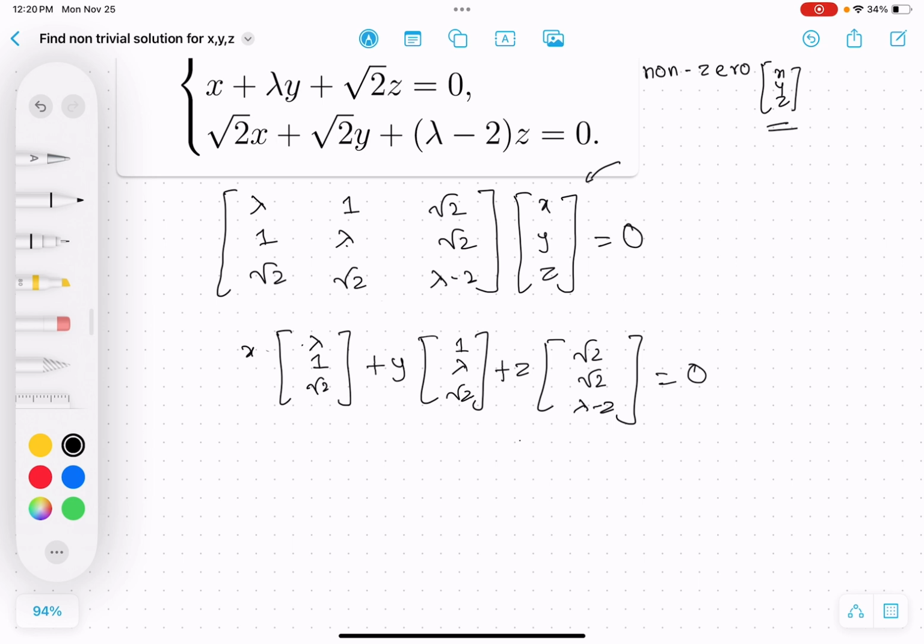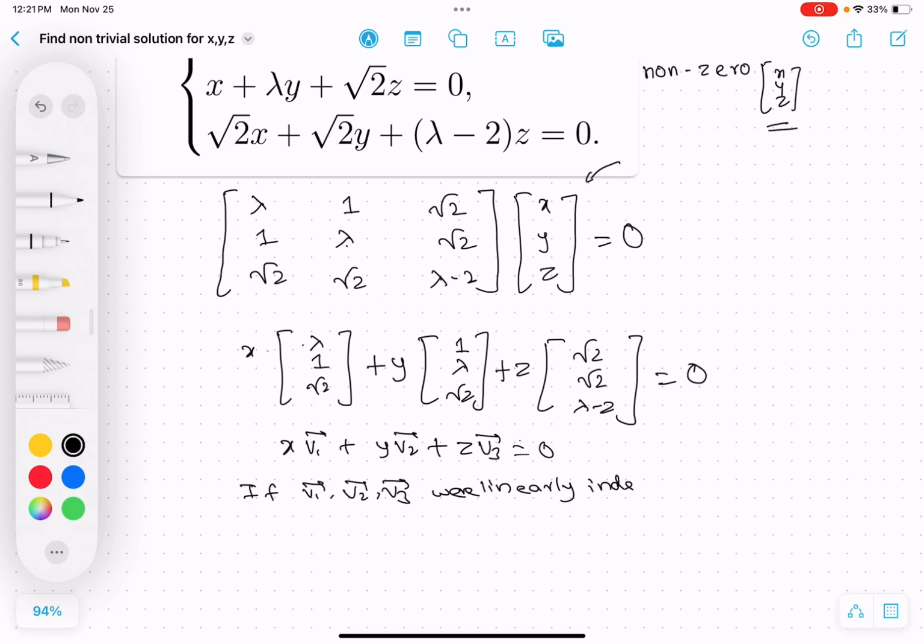Now notice that this is our b1 vector, this is our b2 vector, and this is our b3 vector. Suppose b1, b2, b3 were linearly independent, then no vector can be written in terms of the other vectors.